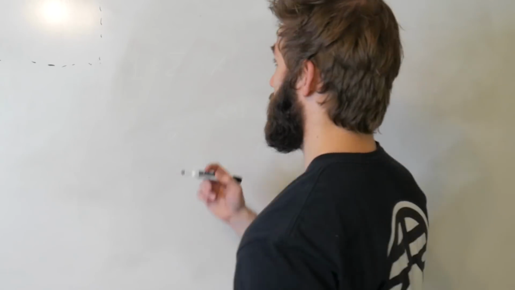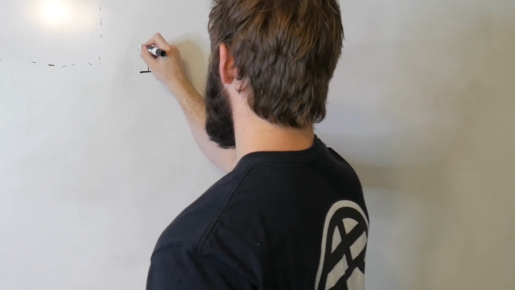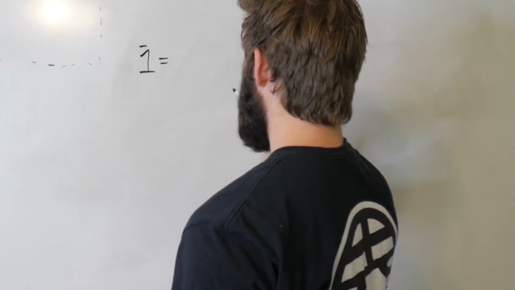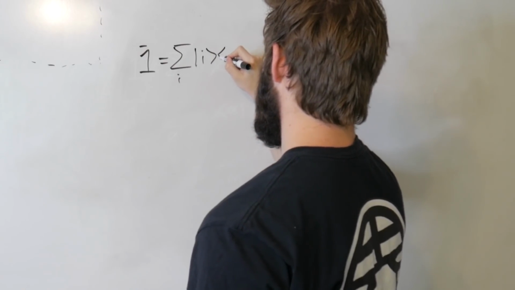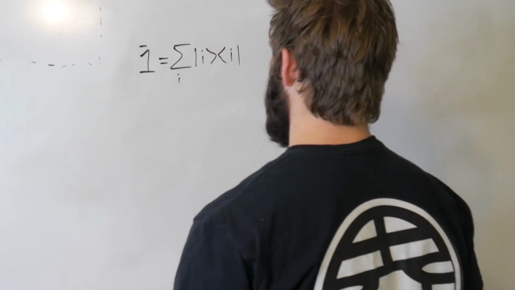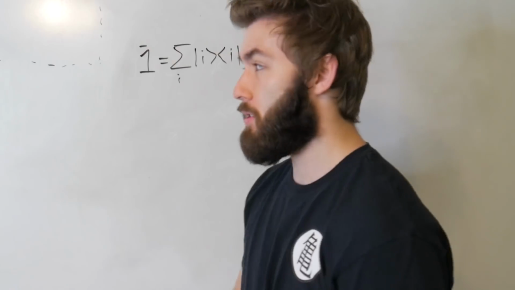So let's say we're going to start off with the normal completeness relation, which says that the identity matrix is equal to the sum over i of |i><i|. So this is going to be our usual set of basis vectors. This could be like ijk or something.